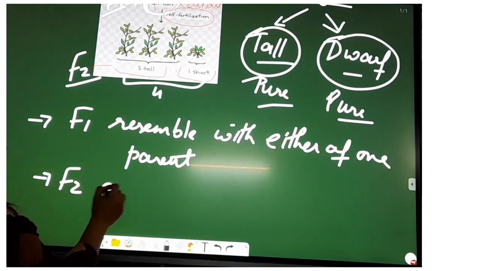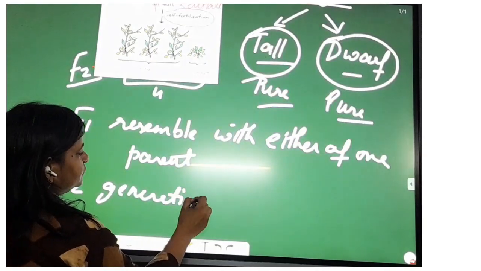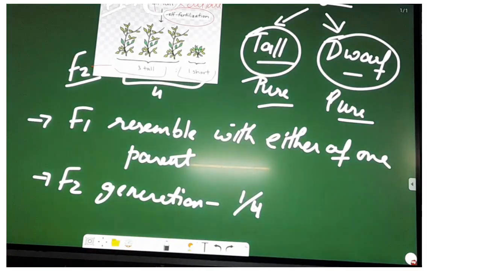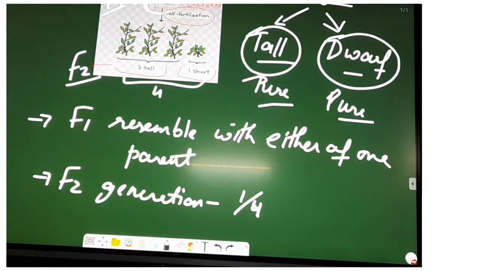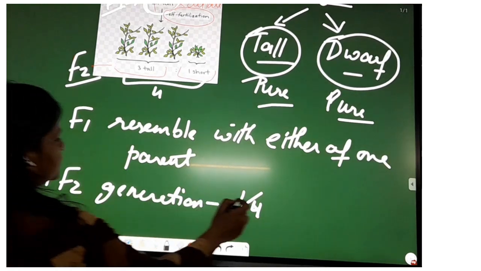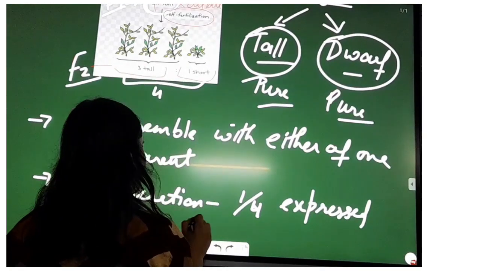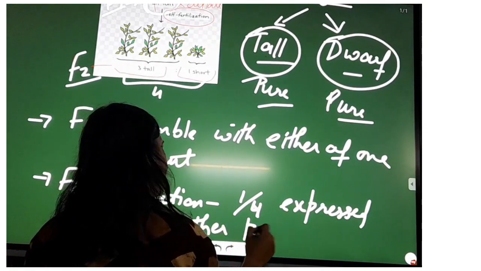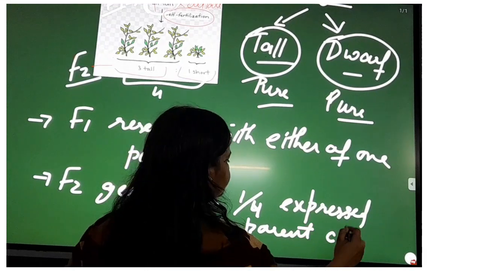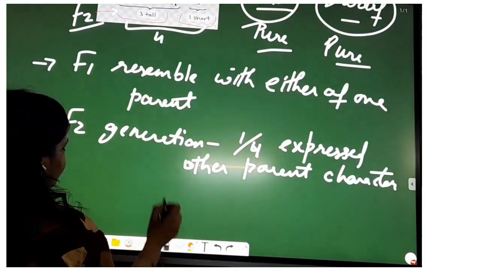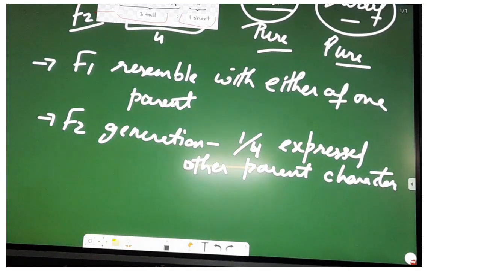So in the F2 generation, 1/4 expressed the other parent character. In the F2 generation, the other parent character was shown in only 1/4 of the plants.